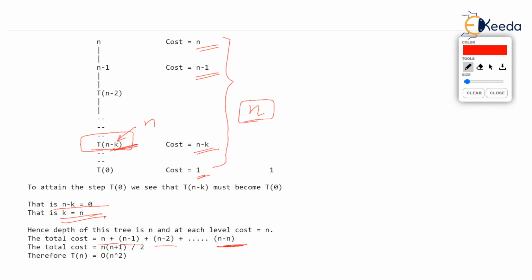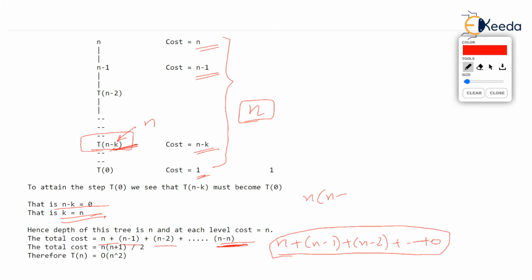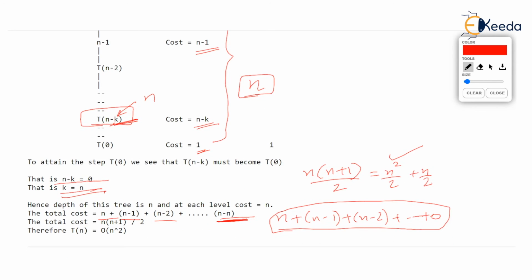So this is n minus n, and this is nothing but n plus n minus 1 plus n minus 2 up to 0, isn't it? You know that the summation of all numbers from 0 to n is n into n plus 1 by 2, which is nothing but n square by 2 plus n by 2. But this is nothing but big O of n square, because this is a polynomial of degree 2. I hope you have understood this example also.